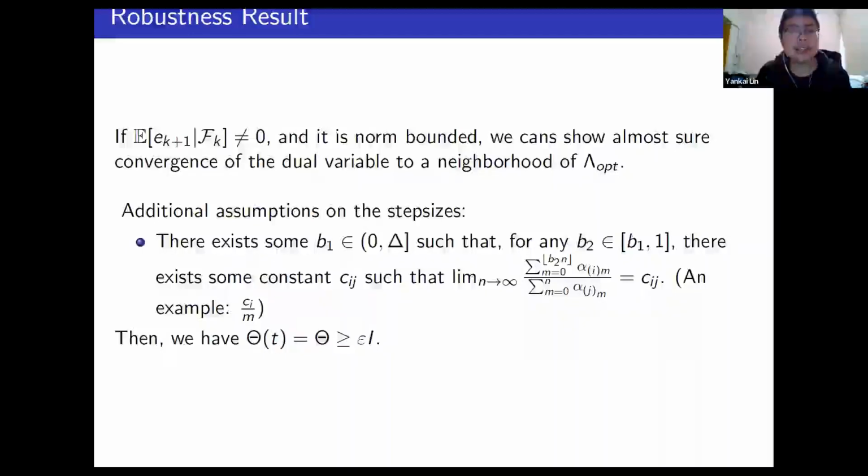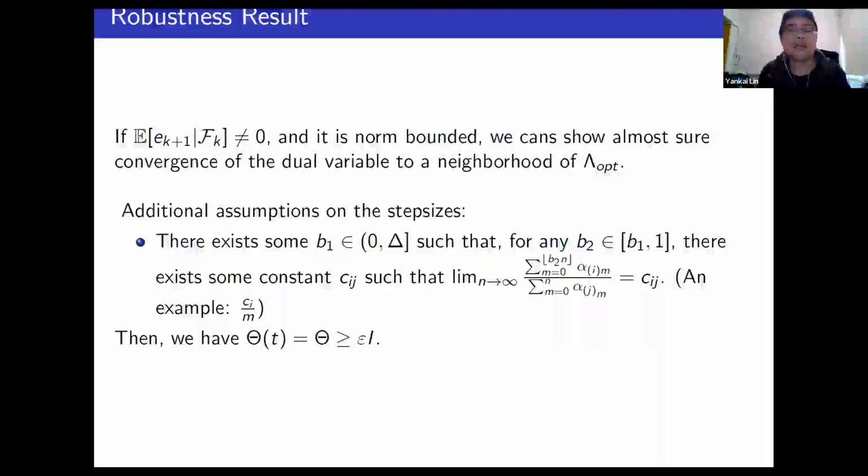And next, you may wonder, if the supergradient error is not zero mean, for example, it's norm bounded. In fact, it's very likely that it can be norm bounded. It may be some noise, or induced by some adversaries, or coming from some other sources.